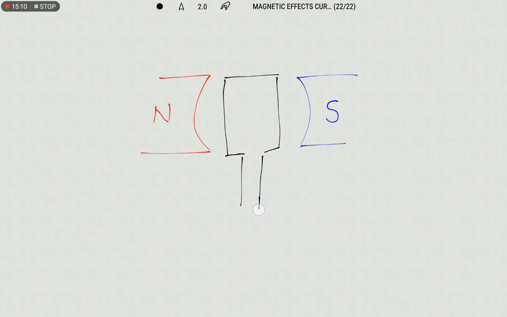The coil is placed in the magnetic field. Now here the ends of the coil are welded to the split rings. So two ends are connected to two split rings S1 and S2. As the coil is rotating, along with the coil and the axle, the split rings also rotate.